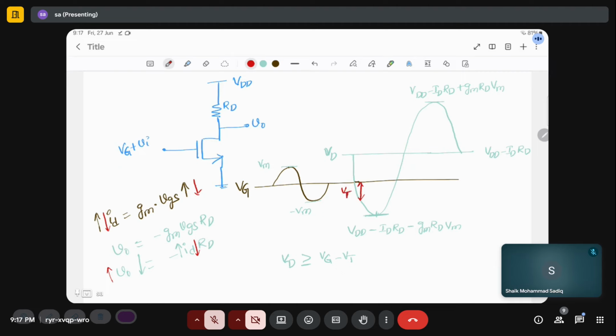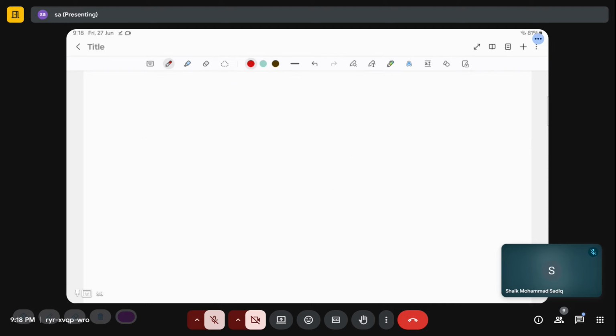What happens if it goes below 1 VT? The MOSFET will enter the triode region. In that case, what happens? You will not get the required gain. Okay, the gain is not the same for both saturation and triode regions.